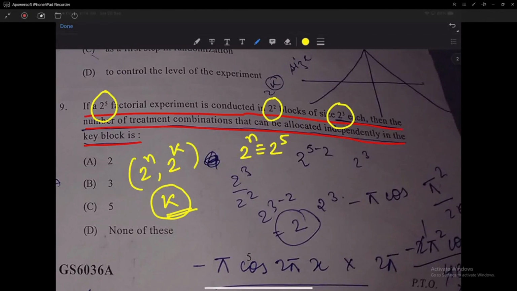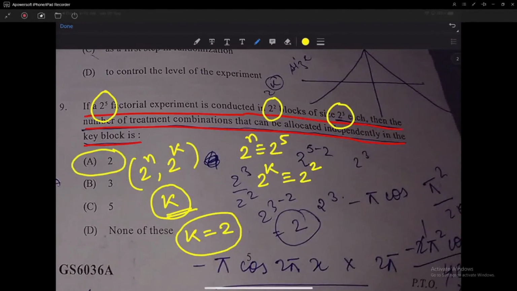So the value of 2 to the power k is equivalent to 2 square. That means the value of k is basically 2, and we know that we have k independent treatment combinations. So the answer will be A equal to 2. The correct option is option A, which is 2.